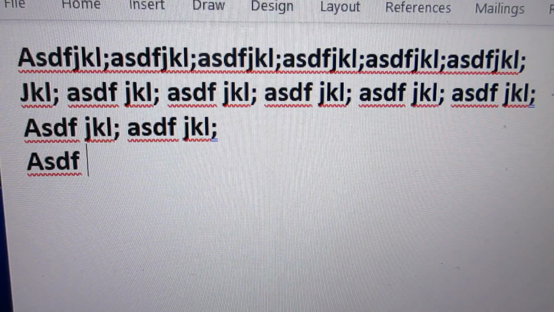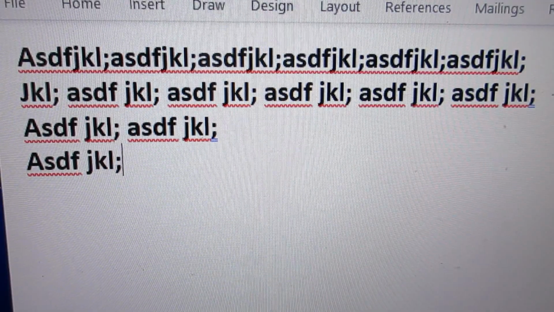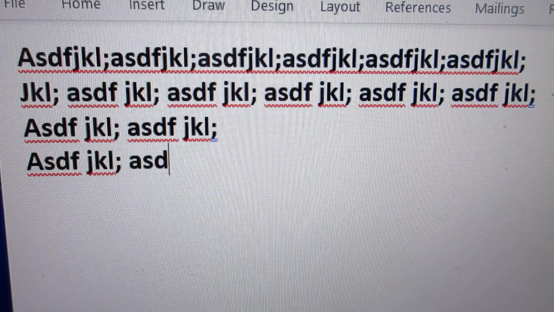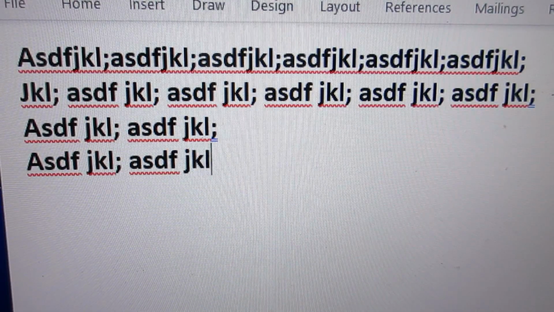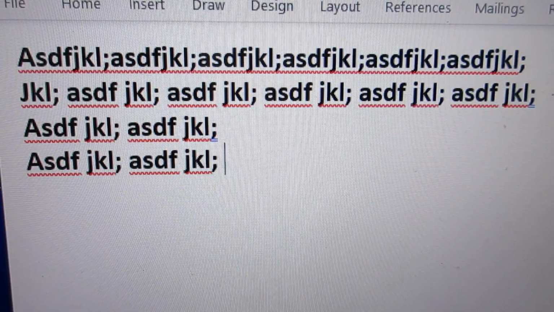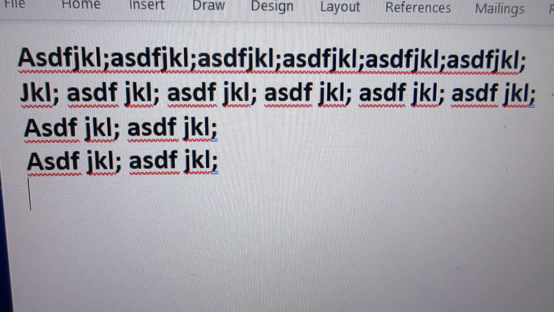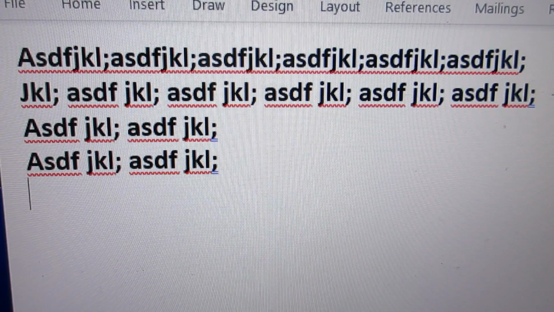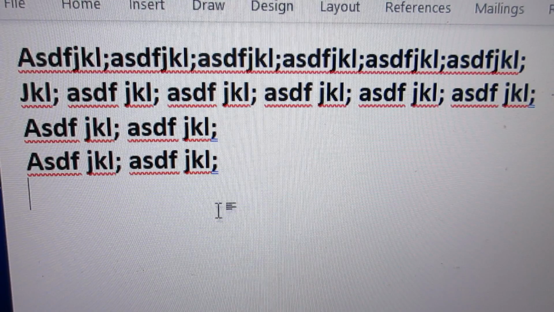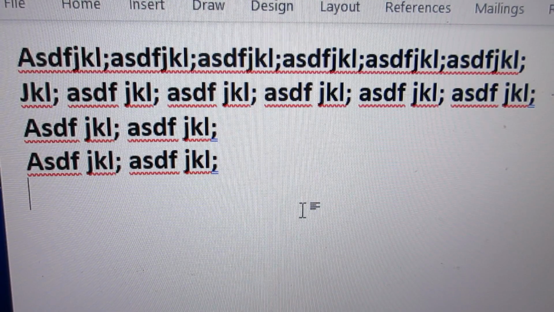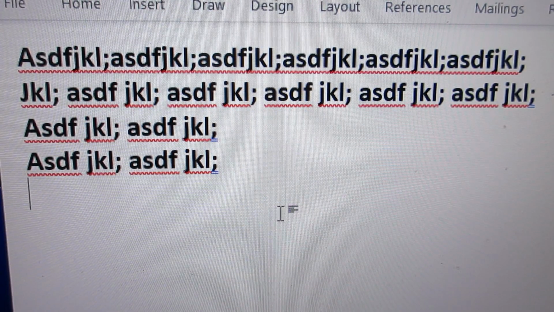A, S, D, F, space bar, J, K, L, semicolon, space bar, A, S, D, F, space, enter key. Okay, you can practice that as many repetitions as you can.